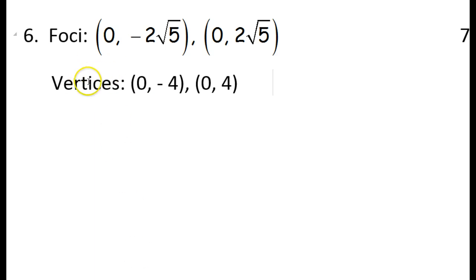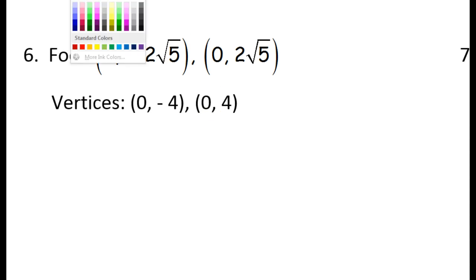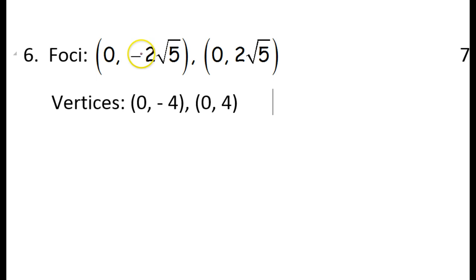Take a look at the information we're given for number 6. With these radicals in here, it may be useful to know the decimal approximation. So negative 2 radical 5 is approximately negative 4.5, and of course 2 radical 5 is approximately 4.5.